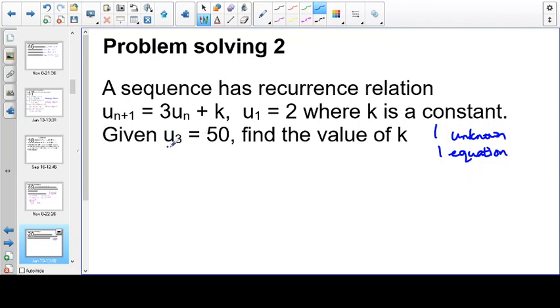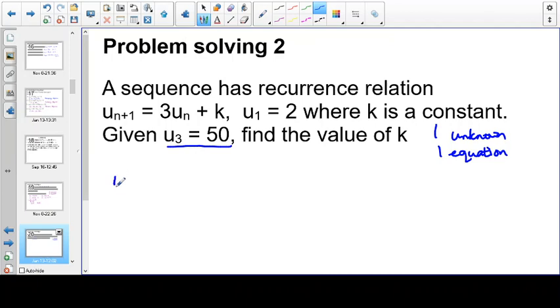This is our information, so we're going to have to form an equation with a k in it. Well, we know u1 is 2, and we know what u3 is. So we're going to have to use our recurrence relation to figure out something for u3.